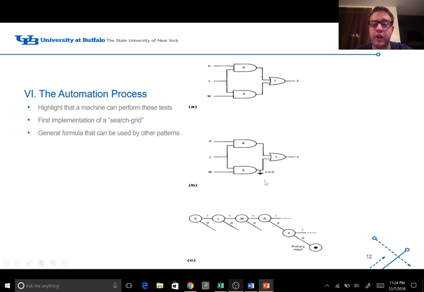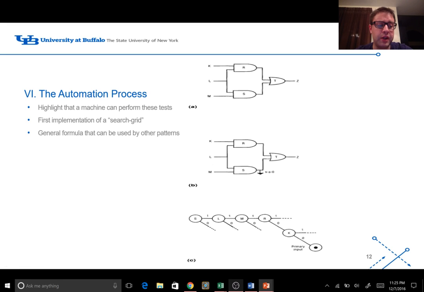But in part B, I've assigned a fault after this AND gate labeled S. And what we can show through the use of a general search grid is you can start with the point after S, assign it a value, move to the next point that's required, so in this case it would be L or M, assign those a value, move to R, assign that a value, K, assign that a value. You've automated a portion of testing that was typically and historically a more creative and less predictable action. So this is a general formula that can be used by other patterns.